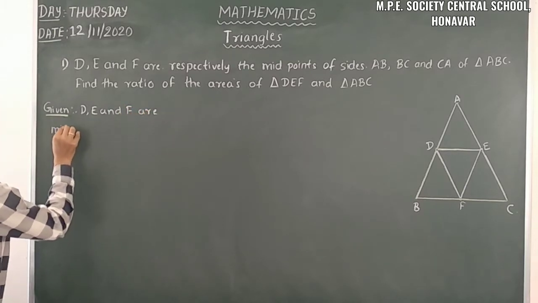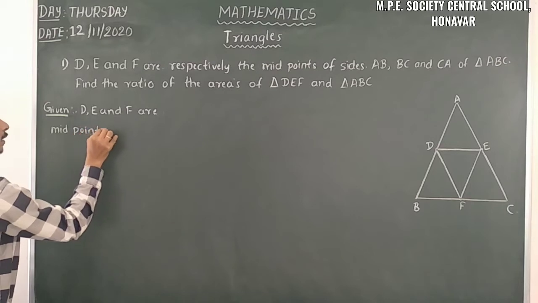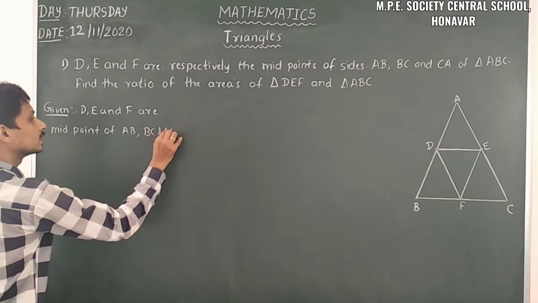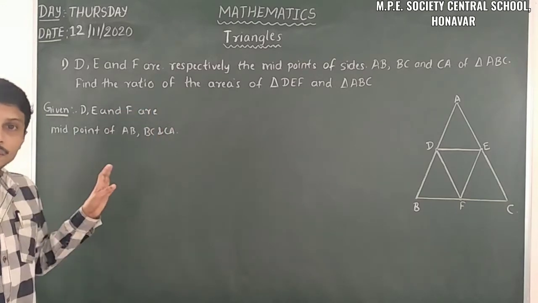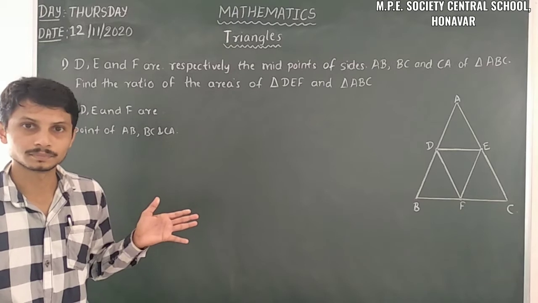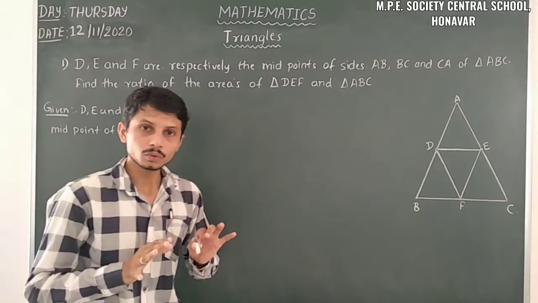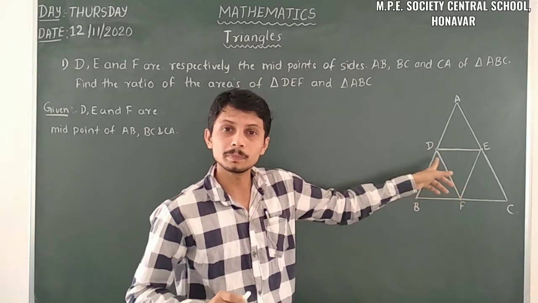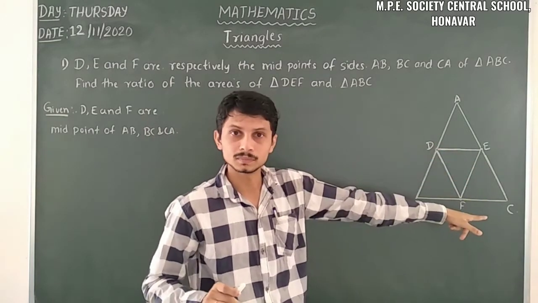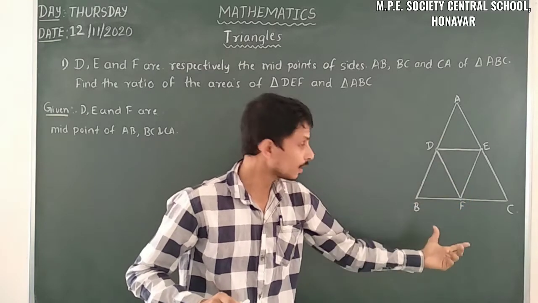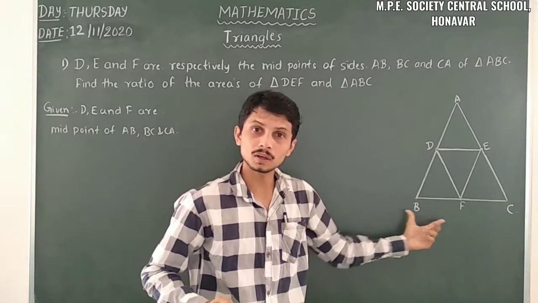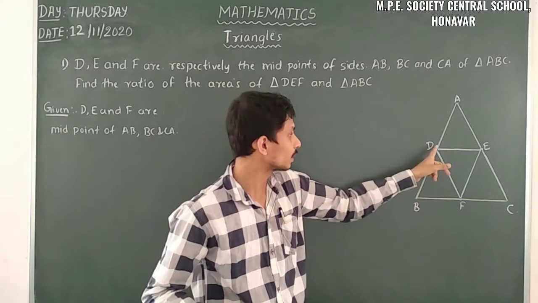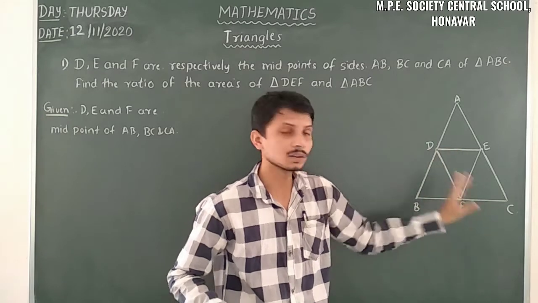DE is formed from the midpoints of two sides, so it must be parallel to the third side. That's why we can take DE parallel to BC.